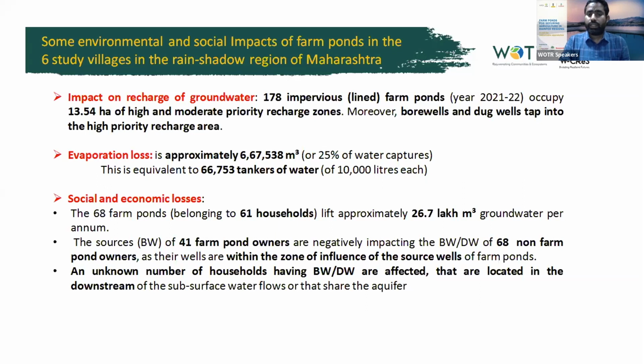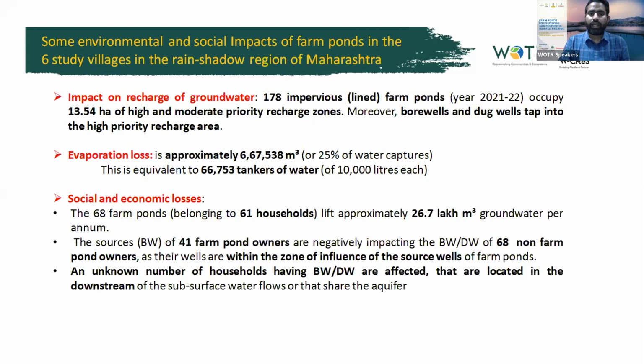Within this recharge zone area, there are additional borewells and dug wells which are extracting the water. So it is not only that the farm ponds lined with plastic or impervious liners are blocking the recharge in these high and moderate priority recharge zones, it is also tapping and extracting the water through borewells and dug wells.